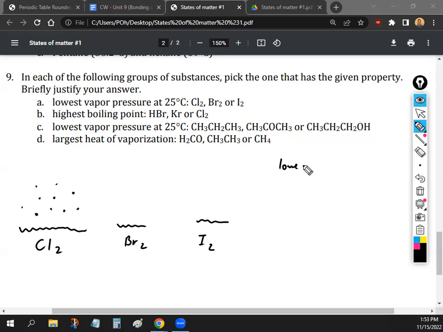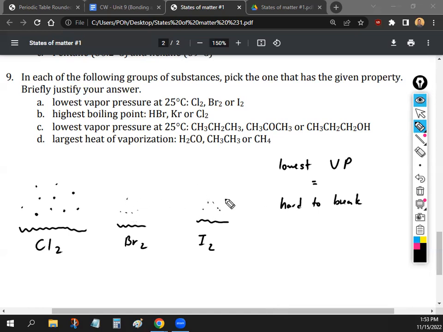If something has the lowest vapor pressure, does that mean it breaks apart easily or it's hard to break apart? Yeah, it's hard to break. The reason is that if it breaks very easily, it's gonna vaporize a lot. A lot of the molecules are just gonna go flying up and vaporize automatically.